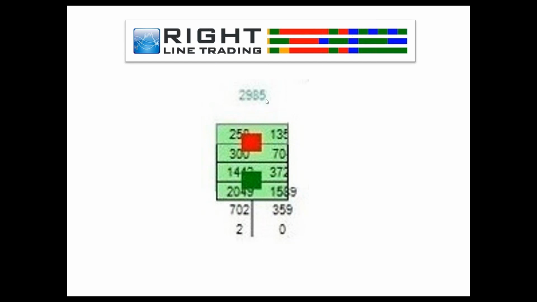This is 29.85. It's a little blurry, but it should represent that because there are more traders looking to buy, that there's buying pressure on this candle and price is going to rise. And if only it was that simple, we would all be rich and we wouldn't be trading.